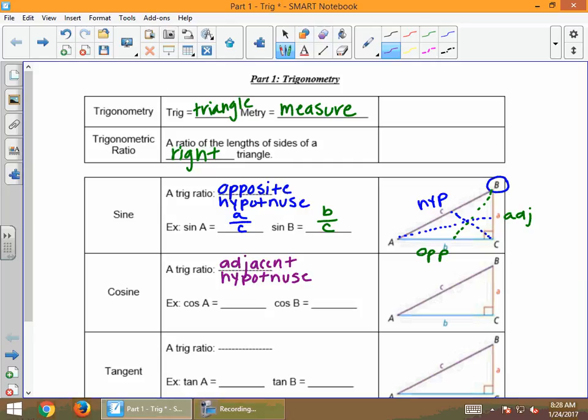Just like in that previous example, if we want to find the cosine of angle A, we circle our angle, drive the pencil directly across, that's your opposite, go to your 90, drag your pencil directly across, that is your hypotenuse, and the side left over is always your adjacent. So for the ratio for cosine of angle A, your adjacent side you label as little b, and the hypotenuse is still c.